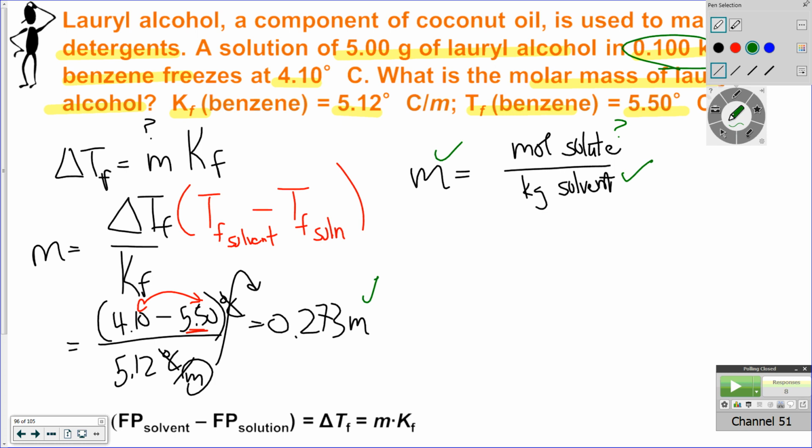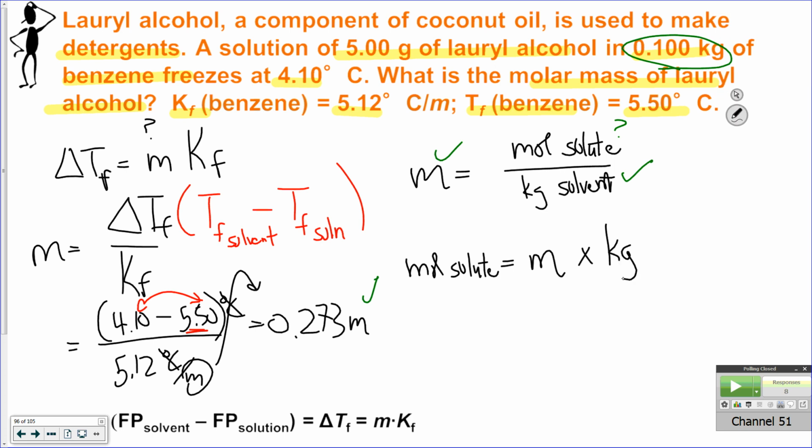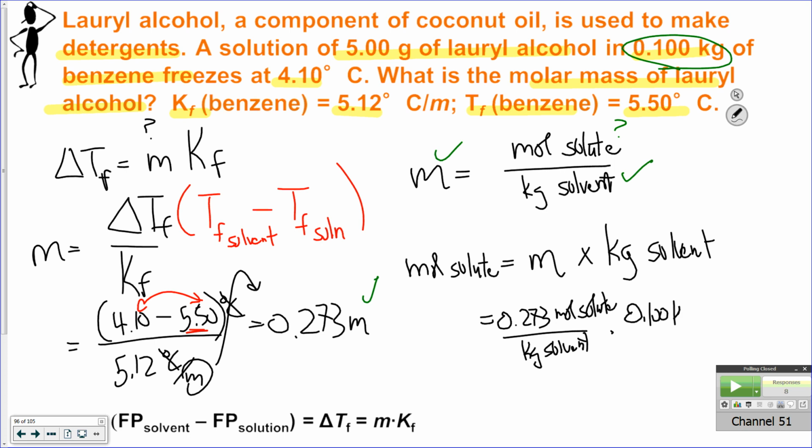If I rearrange that equation, the moles of the solute, which is lauryl alcohol, equals the molality times the kilograms of solvent. Just cross multiply. Okay, so the molality is 0.273 moles of solute per kilogram of the solvent, times 0.1 kilograms of solvent.